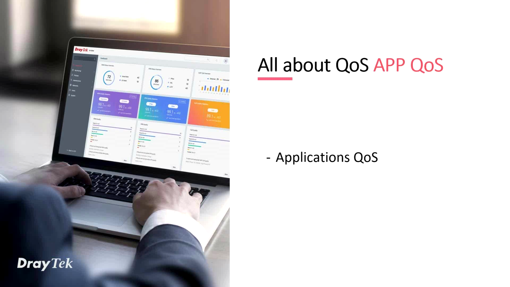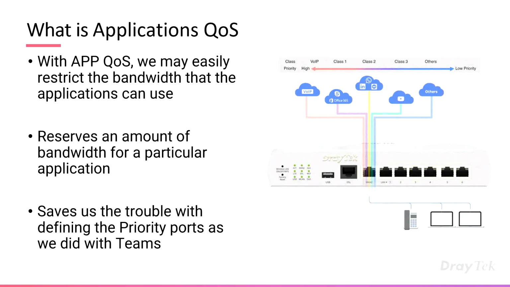Let's have a look at application QoS quickly, because with application QoS we may easily restrict the bandwidth that any application uses. We can also reserve an amount of bandwidth for a particular application, and it also saves us the trouble of defining the priority ports the same way we did with Teams, because all these applications are already predefined in the application quality of service field.